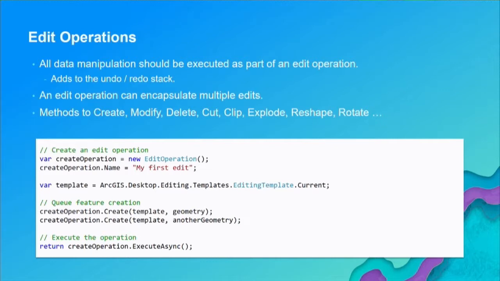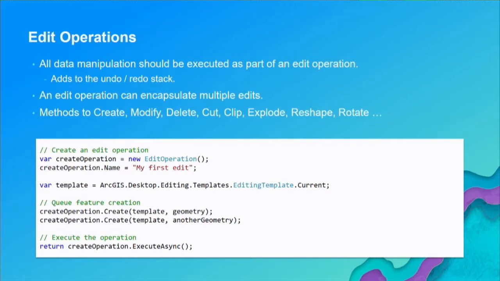One of the nice things that also happens is that edit operations go onto the undo and redo stack. If we're looking at the code below, the first line creates an edit operation, then we're giving it a name. This is the string that will appear on the undo and redo stack.